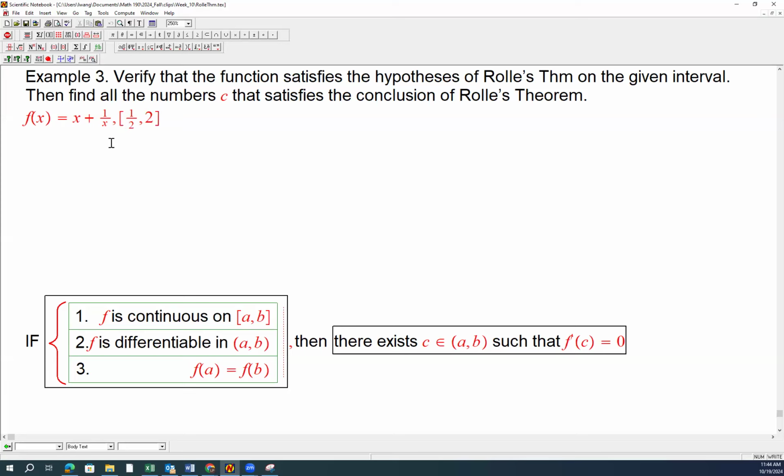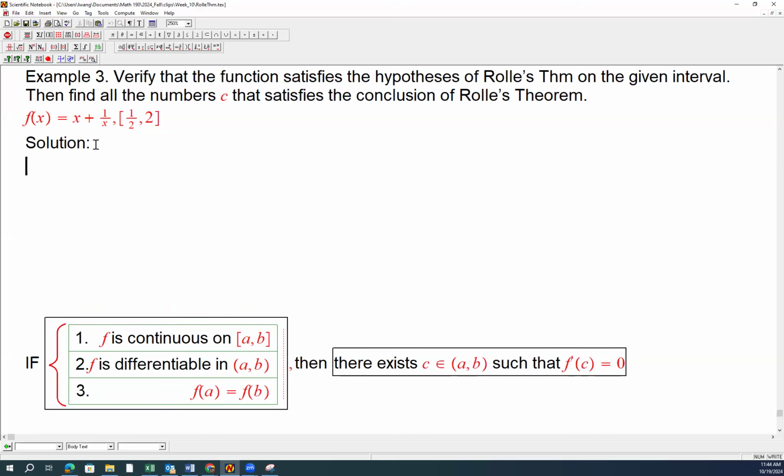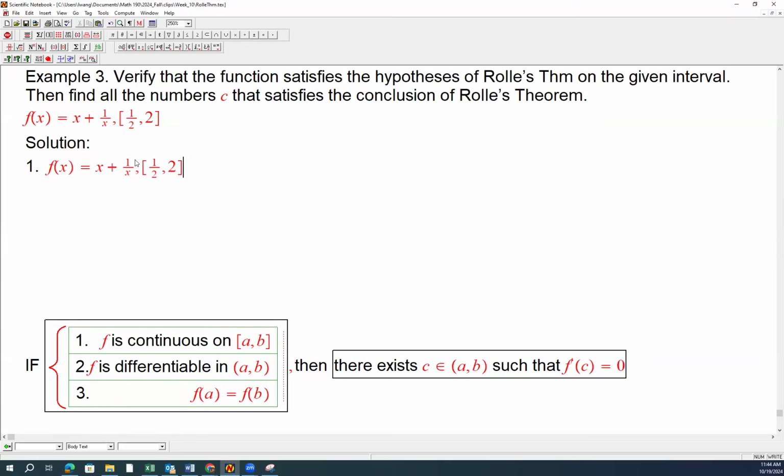All right, so let's begin the solution. First of all, the function is continuous on the closed interval.